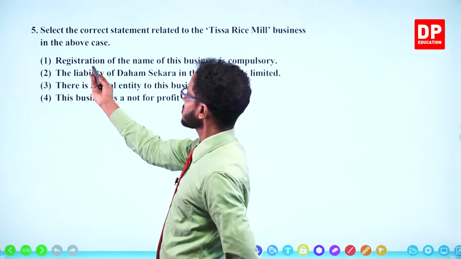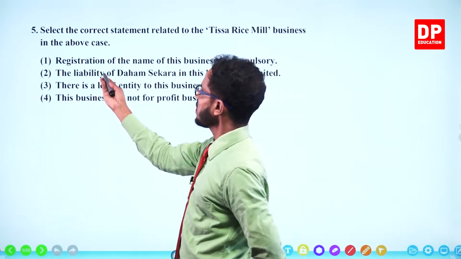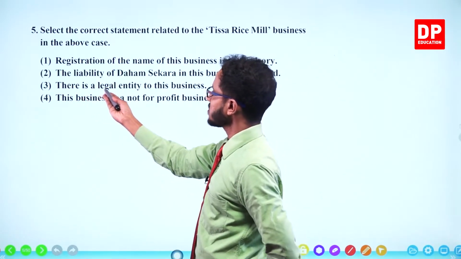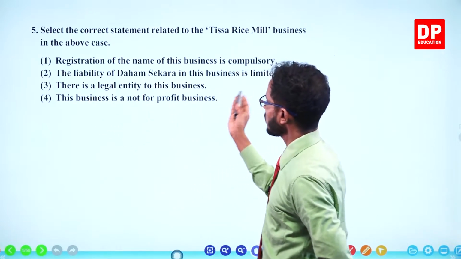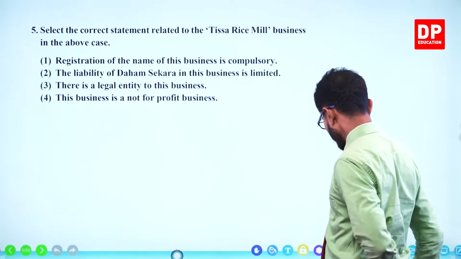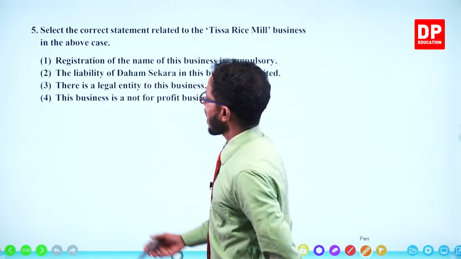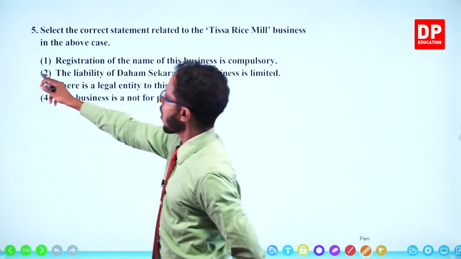A registration of the name of this business is compulsory. Liability of the Hamsekara in the business is limited. There is a legal entity to this business. This business is not a profit organization. Very nice. Liability of the Hamsekara in the business is limited. It's wrong.